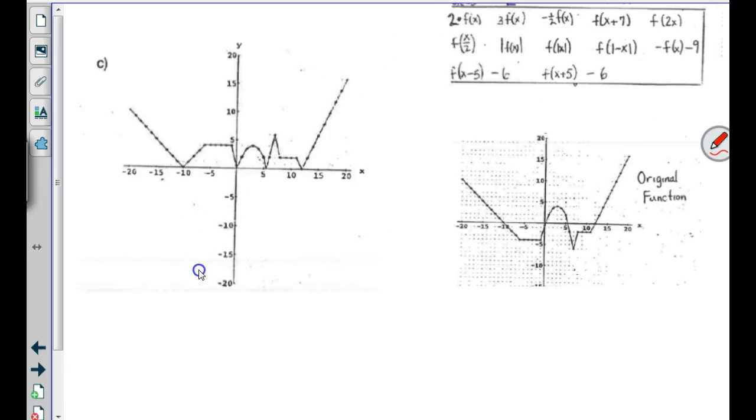What about this one? What do you notice? Absolute value. It has no negative x, no negative y's. Which one was no negative y's? Absolute value on the whole thing. Would you figure that one out eventually?